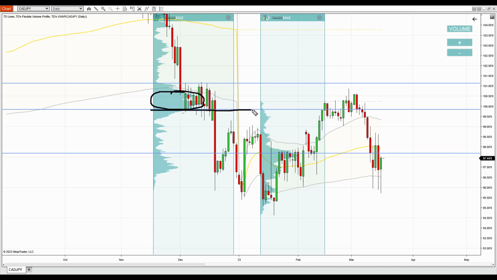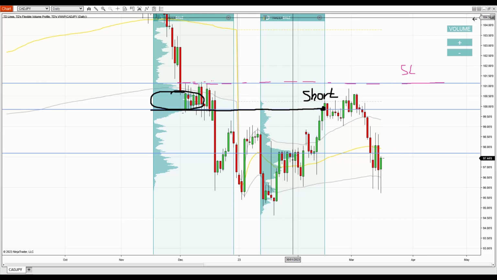This is the beginning of that heavy volume zone, and this was the resistance. This is where we went short from. This line marks the stop loss, but that's not really important for this video. What is important is the take profit placement.